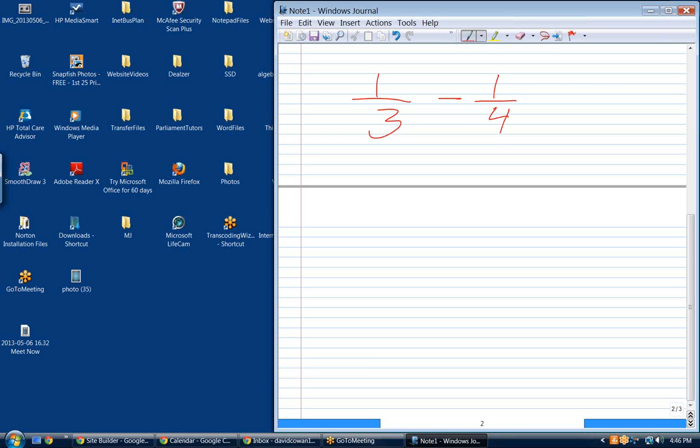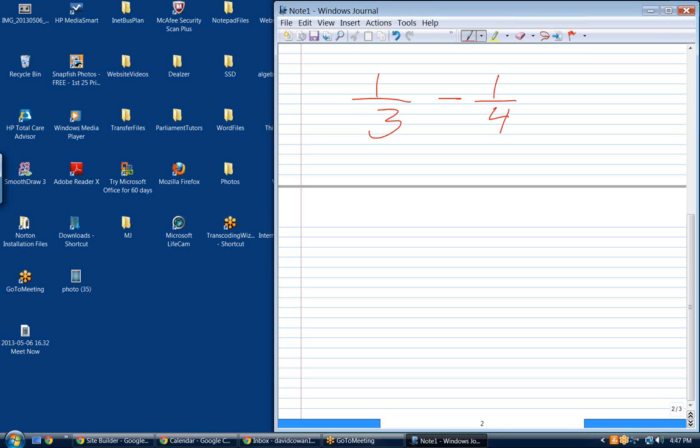Adding and subtracting fractions is by far more difficult than multiplying them. Multiplying them is a piece of cake. Multiply numerators, multiply denominators. Adding and subtracting is much harder. What do I have to do here? Find a least common denominator.